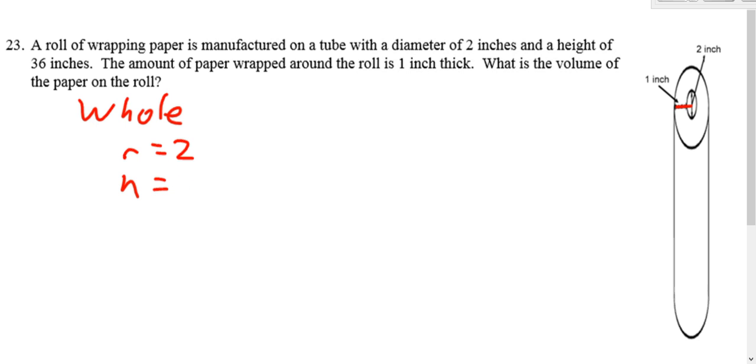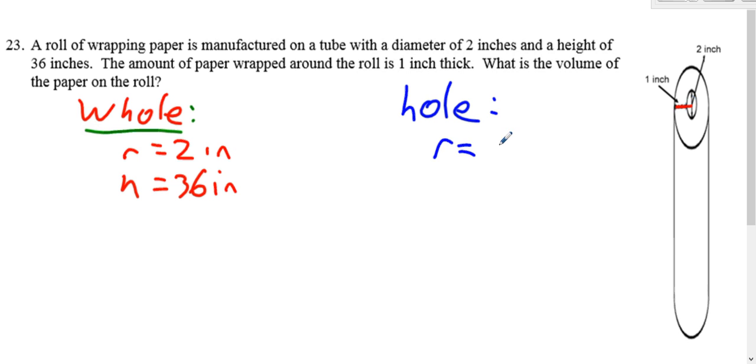And the height is, what did it say, 36 inches? And then, because I think I'm funny, call it the hole in the hole. So the hole in the middle has a radius of 1. The height's still 36 inches, though.